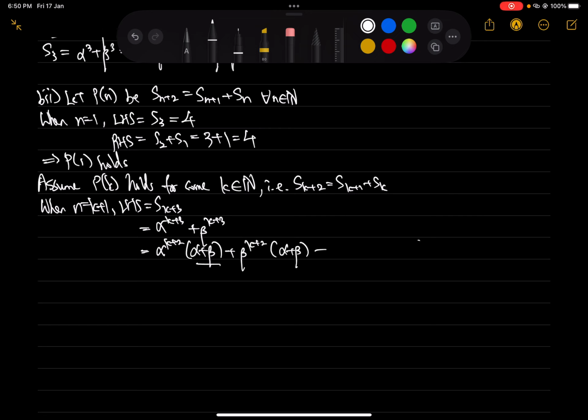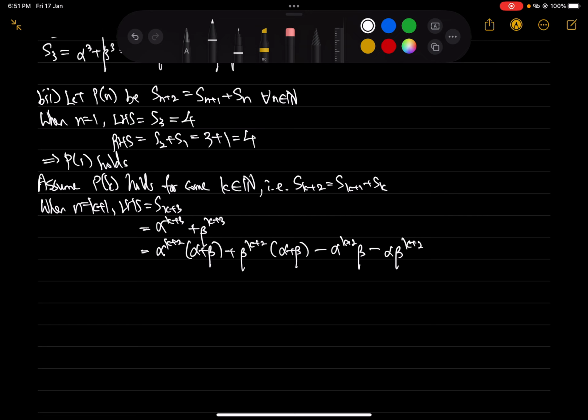Just creating stuff out of nowhere, basically. The concept of adding 0. Here we have minus alpha^(k+2) beta and minus alpha beta^(k+2).